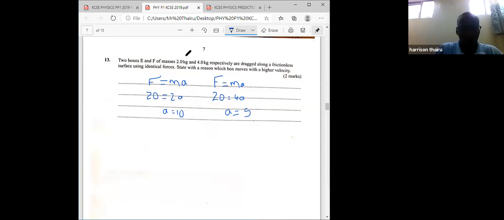Compare the two answers. When the mass is 2 kg, acceleration is 10. When the mass is 4 kg, acceleration is 5. The one accelerating at 10, you expect it to move at a higher velocity. Therefore, the basic concept hidden in this question was to apply Newton's second law of motion formula.